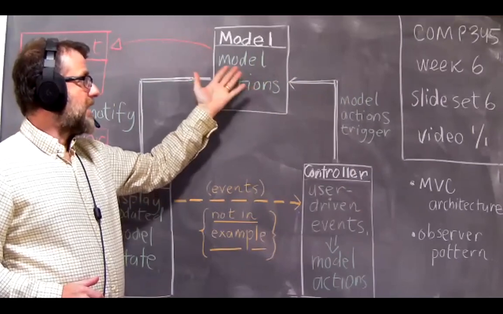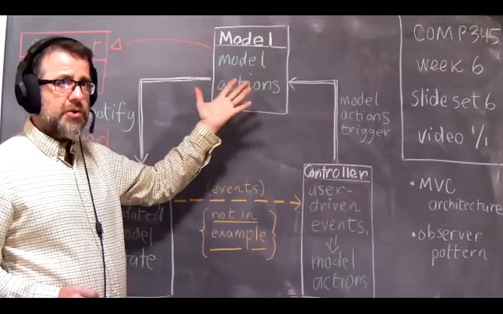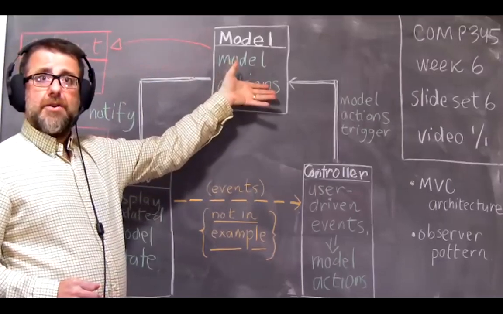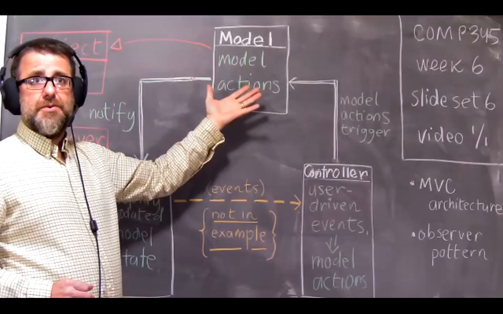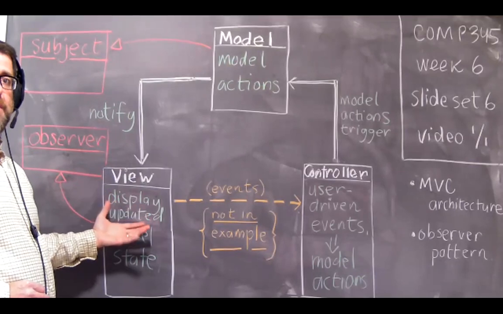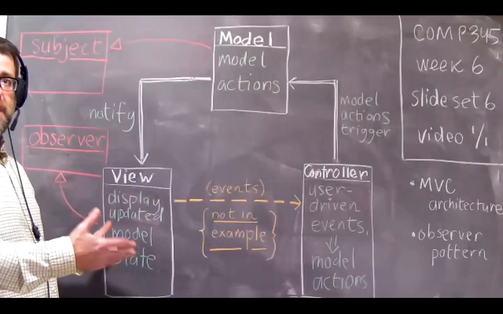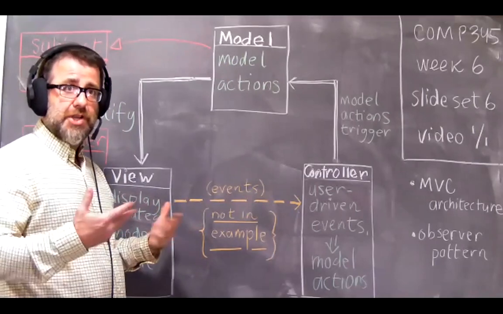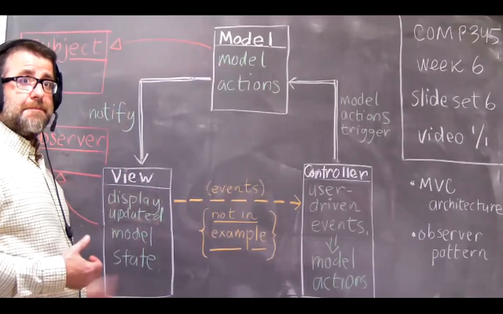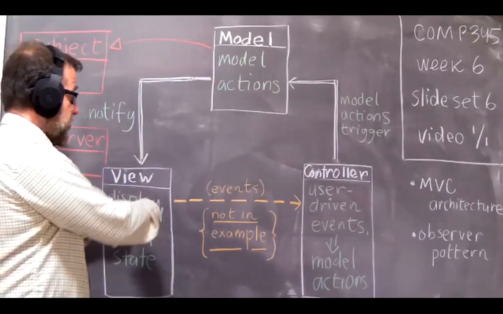Then anytime that an object that is being observed is connected to a certain view, this model object would notify its views, which would then call a method inside of the view object, which would then react by interrogating the model object and viewing the newly changed state information of the model object that it is viewing. Okay. And then it is displayed here, and then the user interacts again.